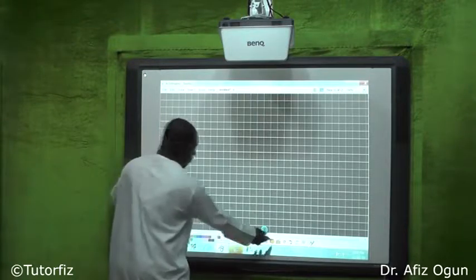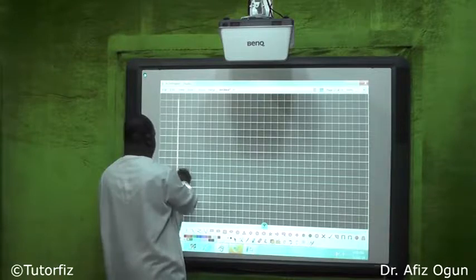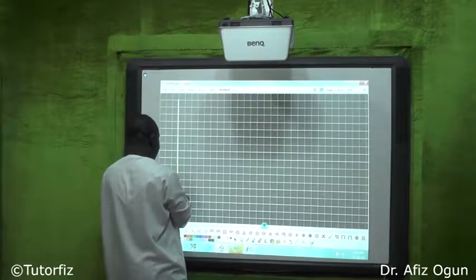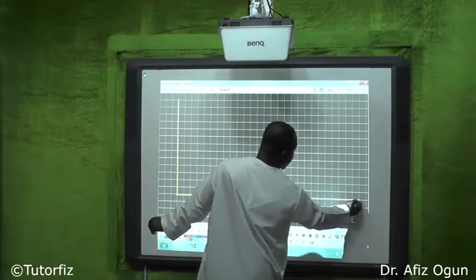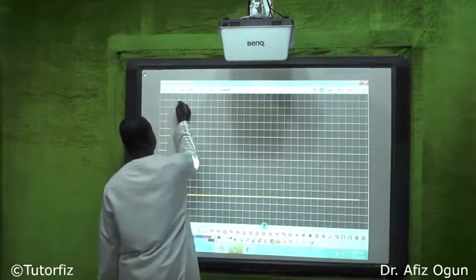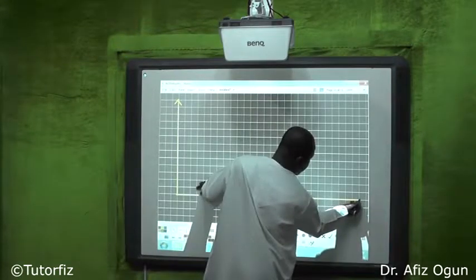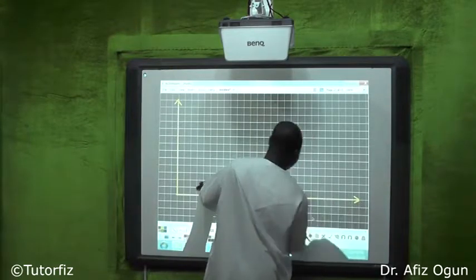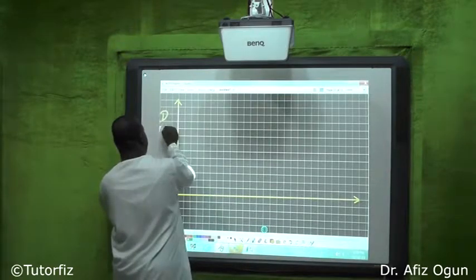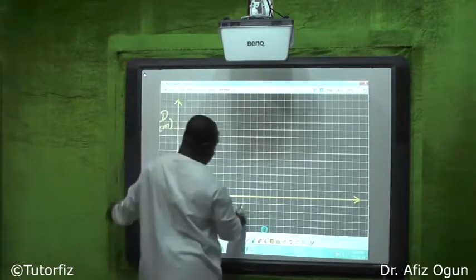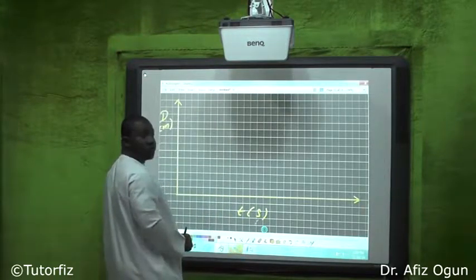Again, the vertical axis and our horizontal axis. Our distance in meters, our time in seconds. So, what are we going to see?